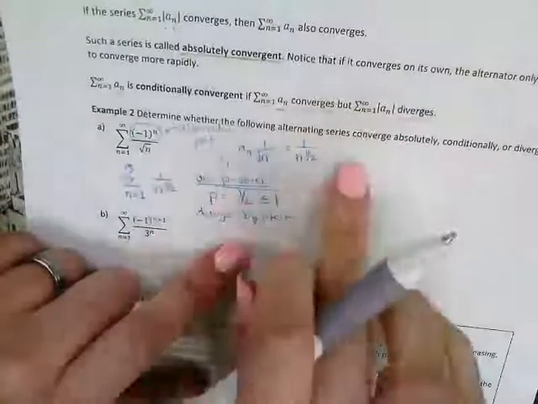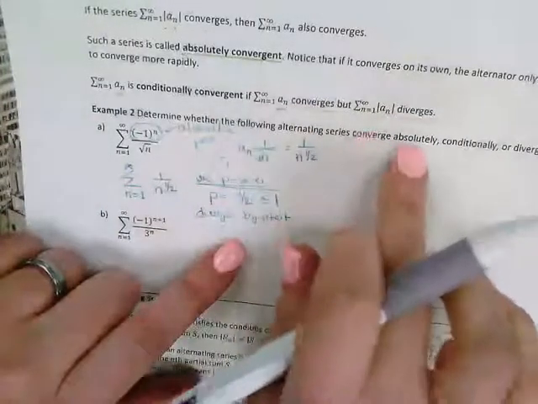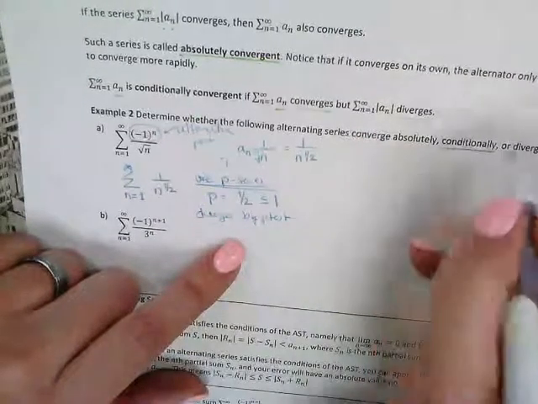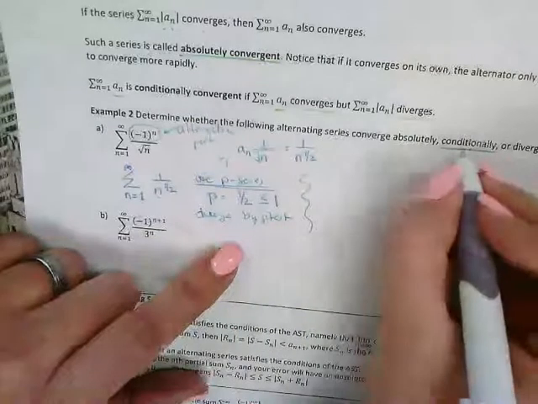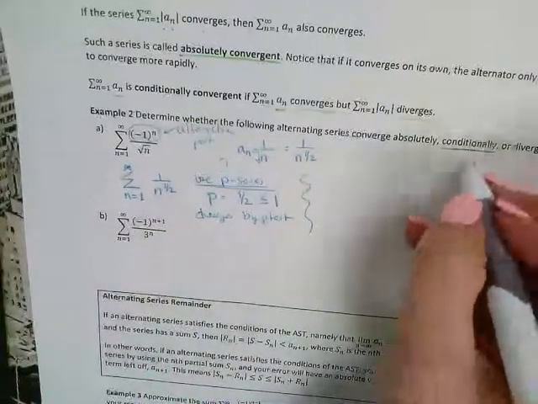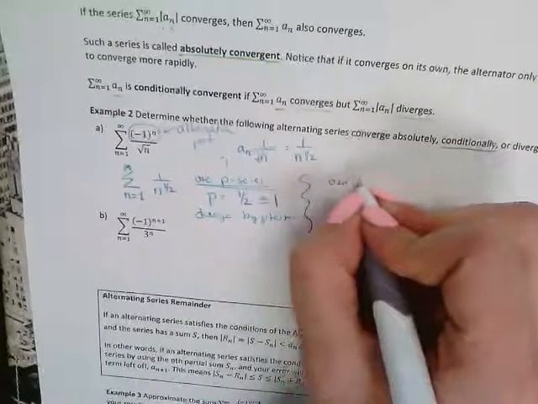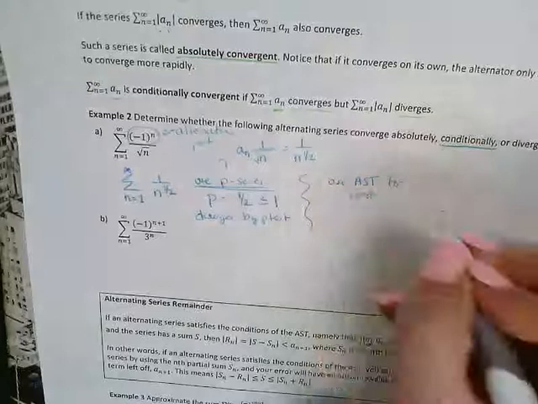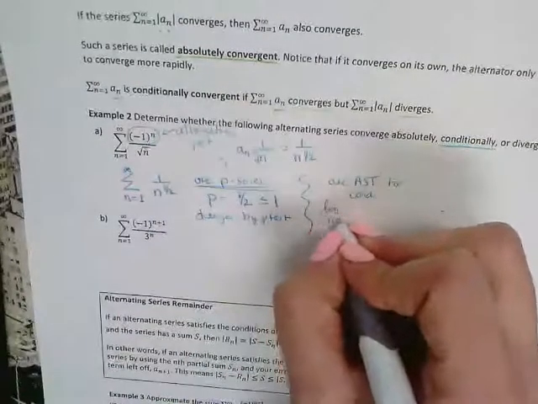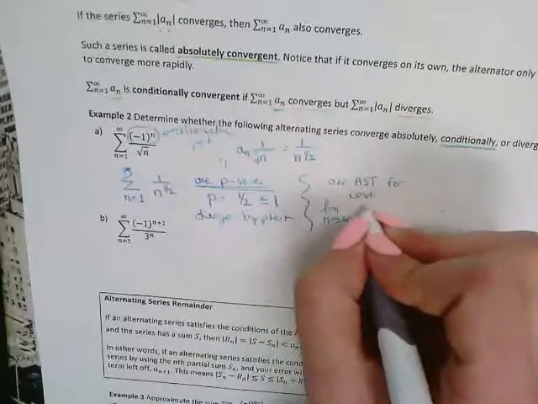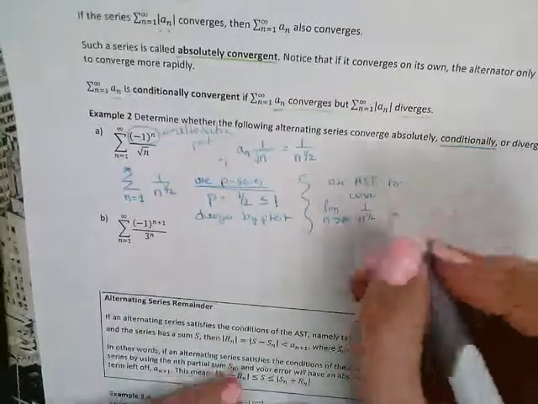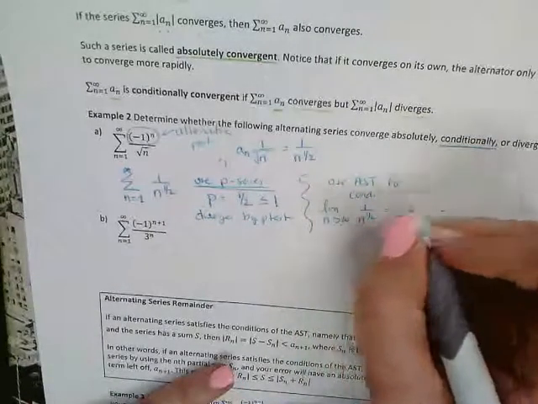But we're not going to stop here. This just proved that this series does not converge absolutely. Now we're going to test, does it converge conditionally? And remember, what did I say? What do we use to do the conditional? We're going to use the AST for conditional. And for AST, we remove the alternator and we test, does the limit as n approaches infinity of 1 over n to the 1/2 equal 0? And it does.